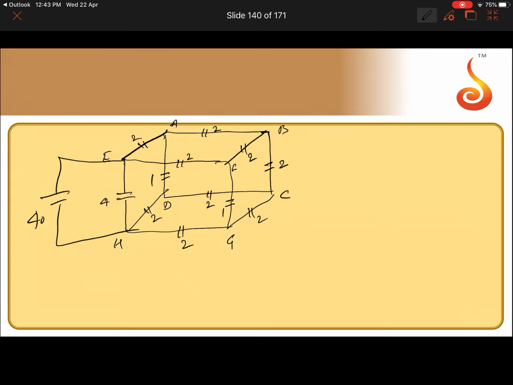So this is the required circuit. We can see that there is path symmetry in this situation. So we can notice that VA is equal to VF.